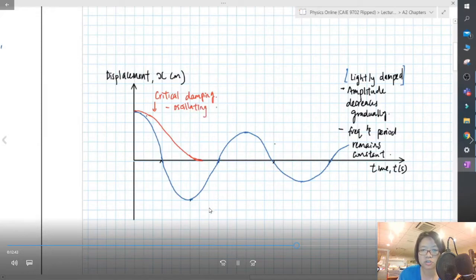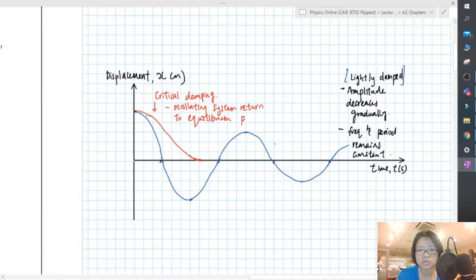The oscillating system returns to equilibrium position as soon as possible.